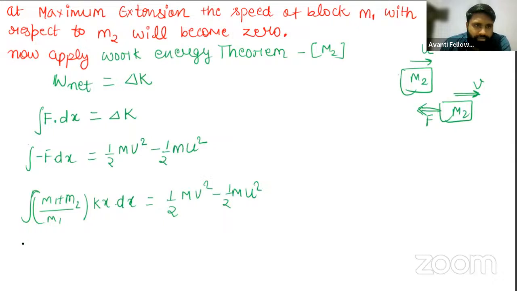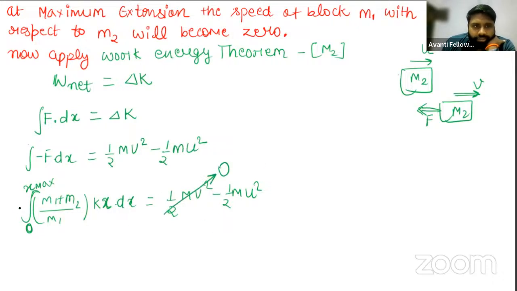Now, we are compressing the spring from 0 to x max. Okay? 0 to x max. When this limit is 0, nothing will happen. But when x max has been reached, this v will become 0, which is the relative velocity.